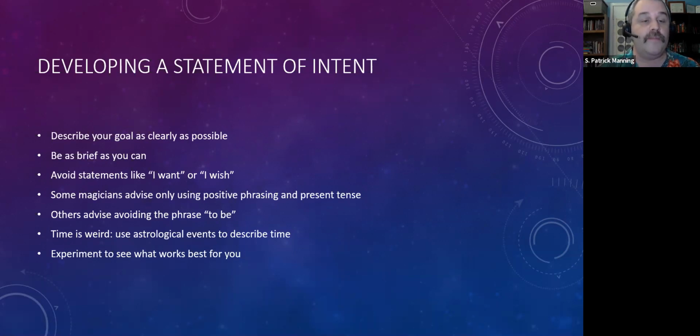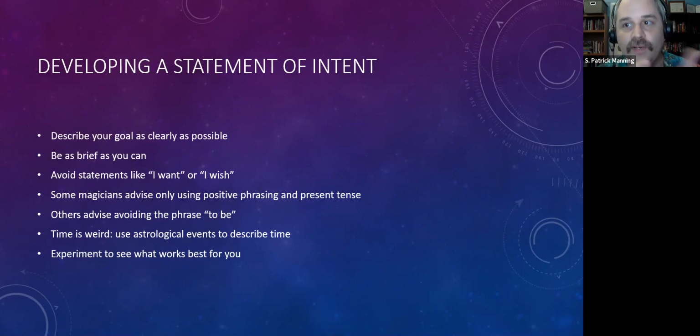So the individual sigils that you do, you want to be clear and brief. You want to have short, succinct statements that you can sigilize quickly. And if you need to, you can link those together or follow them up with other sigils to add on to that.